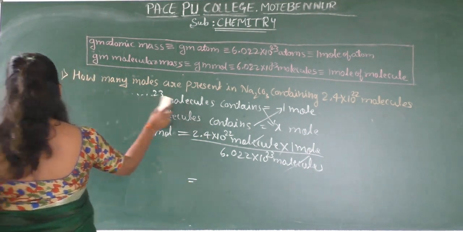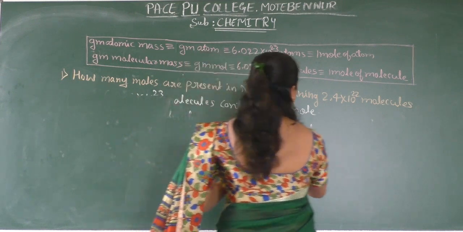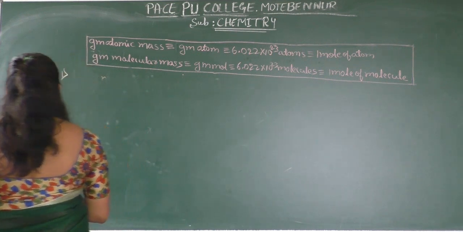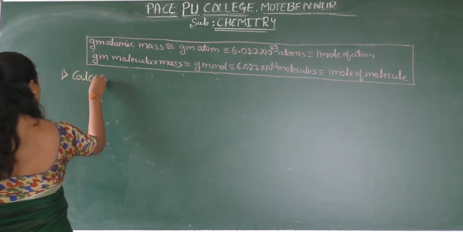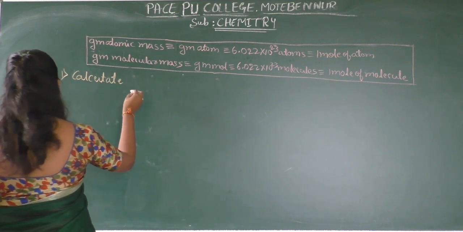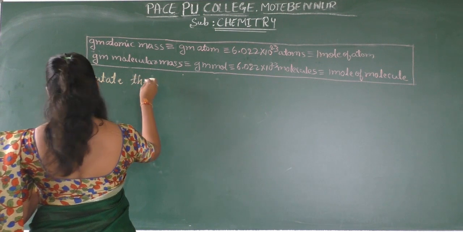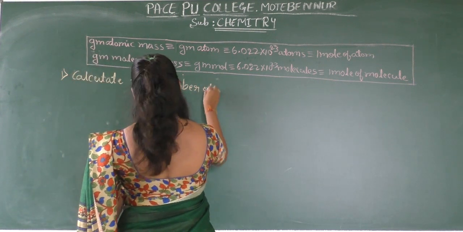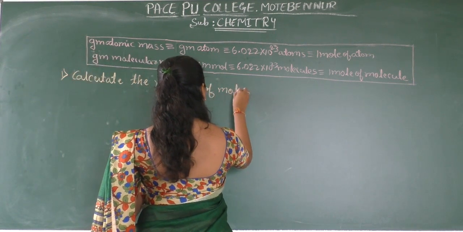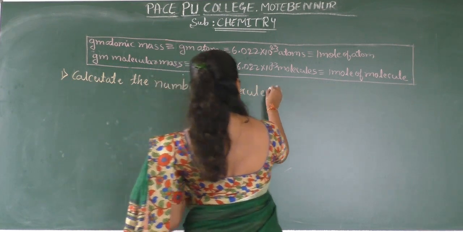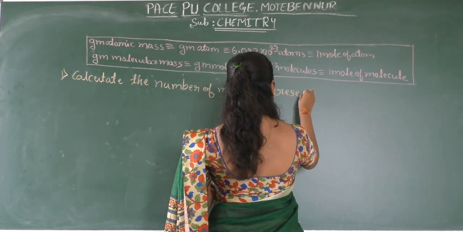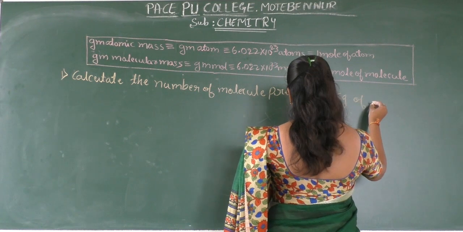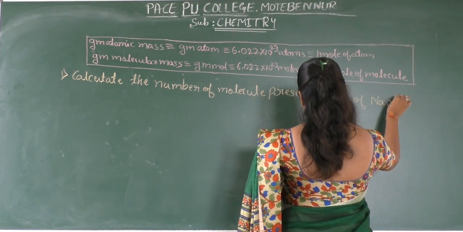Okay, so next: calculate the number of molecules present in 15 grams of sodium hydroxide.